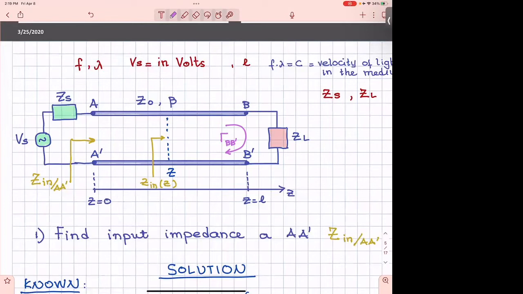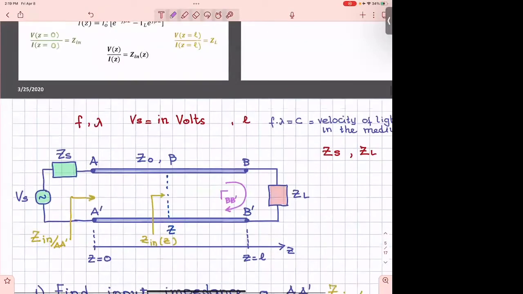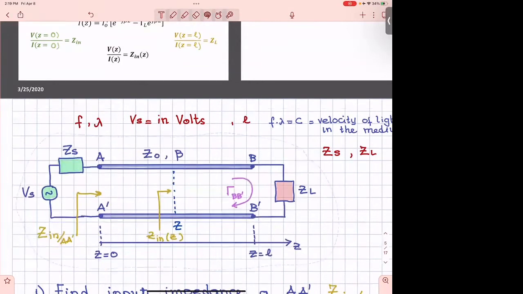Visually, it's easy to differentiate. We show Z input like that, we show gamma like this. And if you cannot have enough space, say at ZZ prime, you put the reflection coefficient there, make it a little smaller.